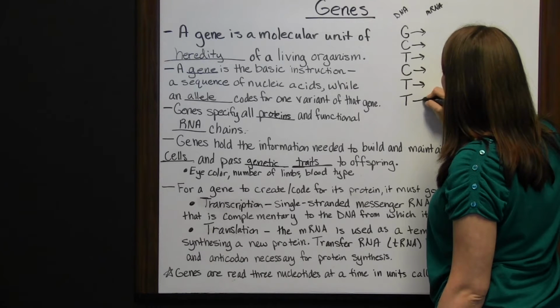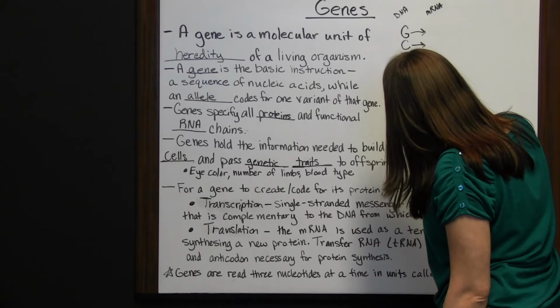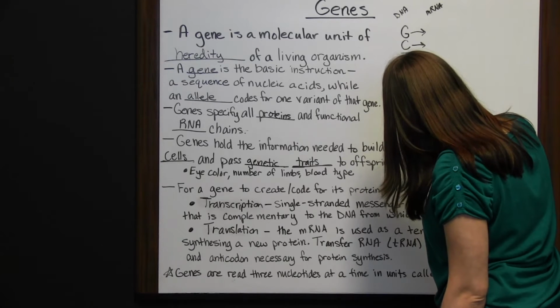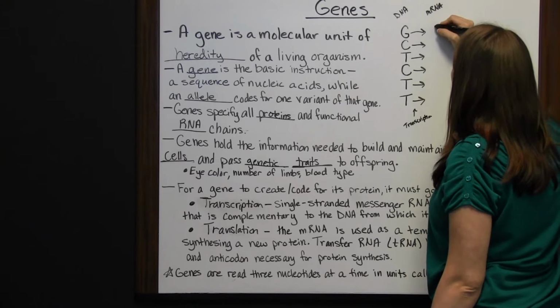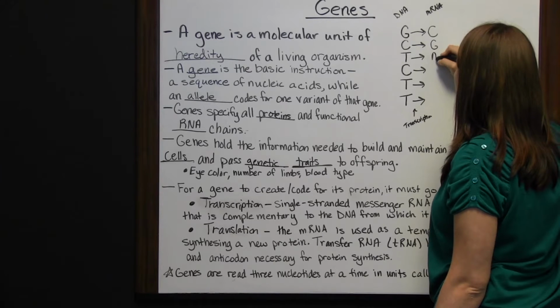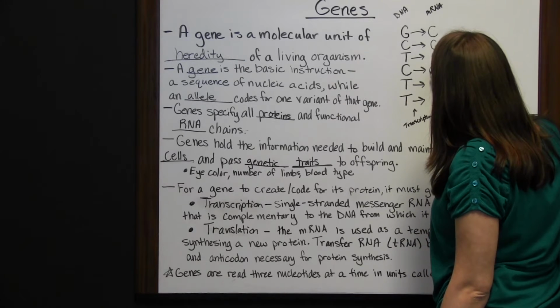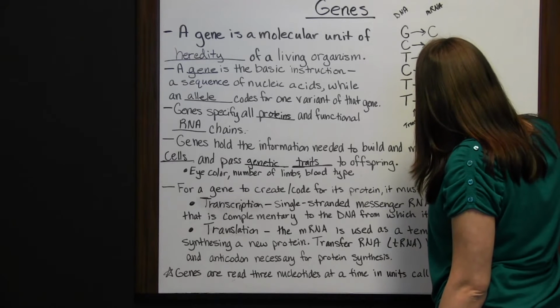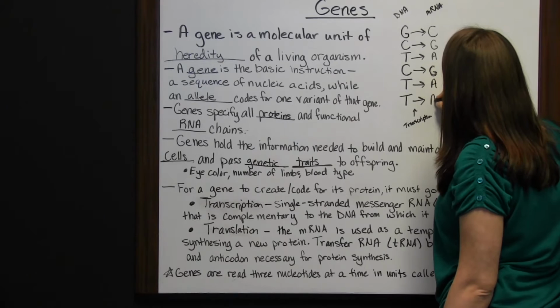And each base must be transcribed. So the guanine is going to transcribe to cytosine, cytosine to guanine, thymine to adenine, cytosine to guanine. Thymine to adenine and thymine to adenine.